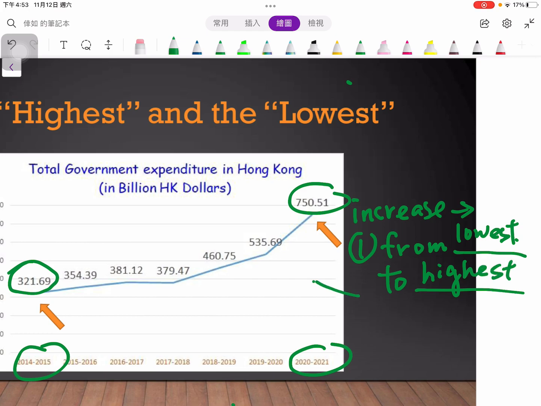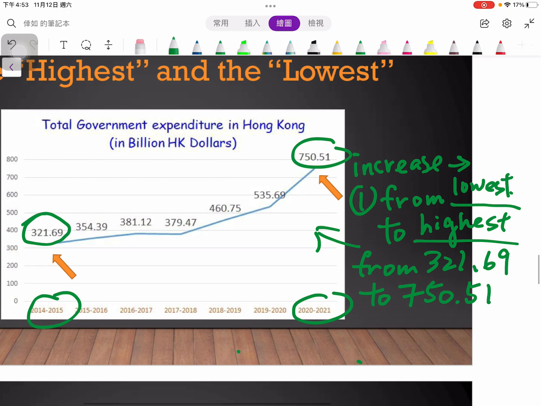So from this graph, we can say that from 321.69 to 750.51. Okay, so we can use this way. So what is the second way? We can use the word by.